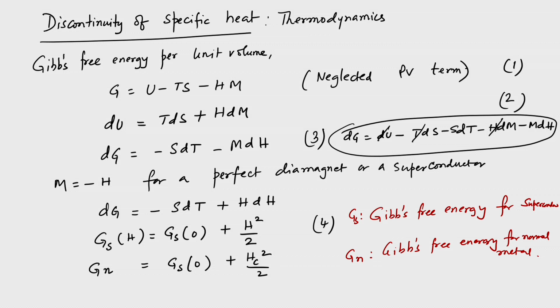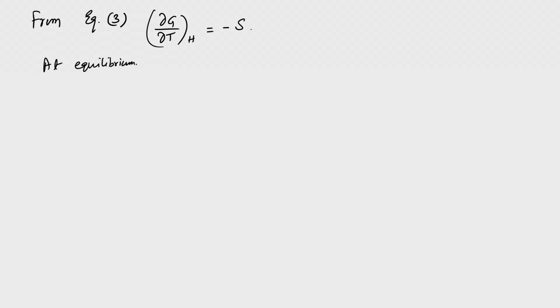And now, from equation 3, one can get del G / del T at a fixed h is nothing but equal to minus S. So, at equilibrium, S_n minus S_s, which is nothing but minus H_c dH_c/dT.